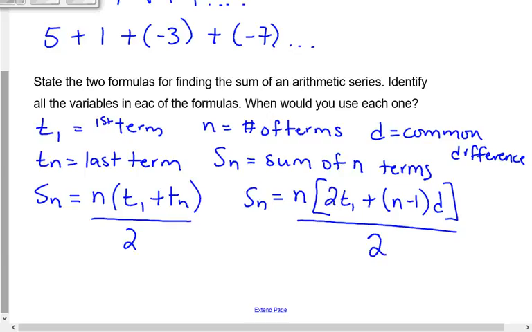Okay, so this first one here, we are going to use when we have the first term, the last term, and the number of terms. So here we must have first term, last term, and the number of terms.